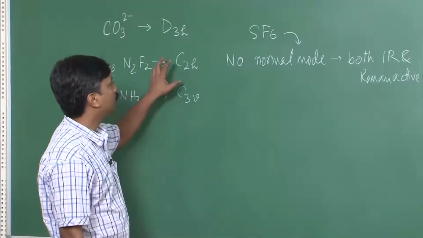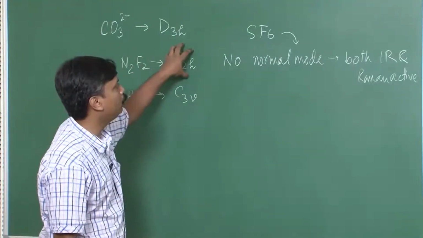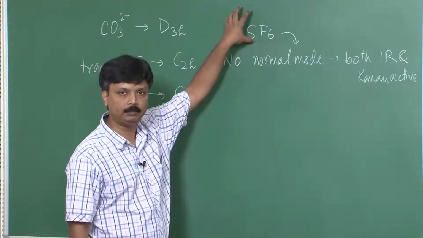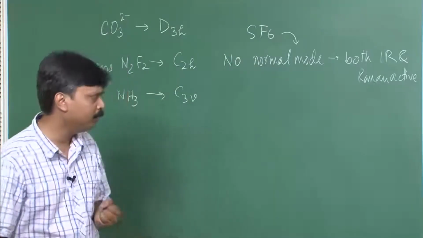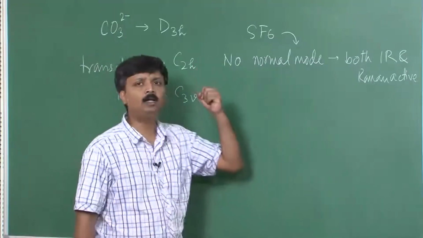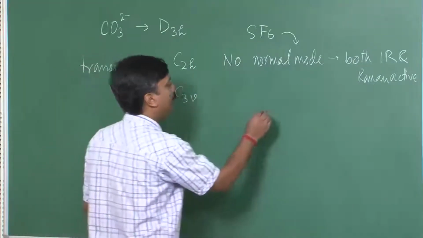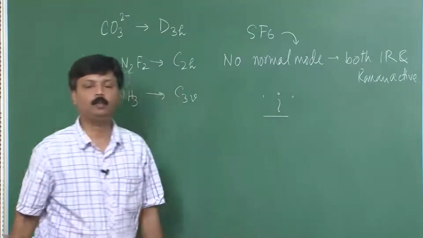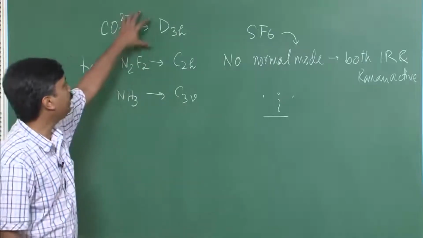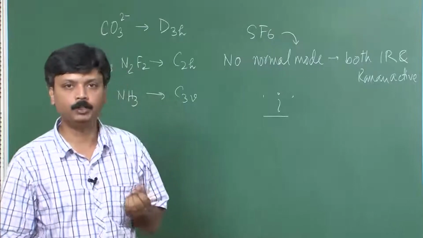Now, what is common between this particular molecule, or the point group to which SF6 belongs, or say for example benzene belongs to, is that all of them are centrosymmetric. Okay. So centrosymmetric means all of them have an inversion center, while all the other types of molecules that we discussed do not have a center of inversion.